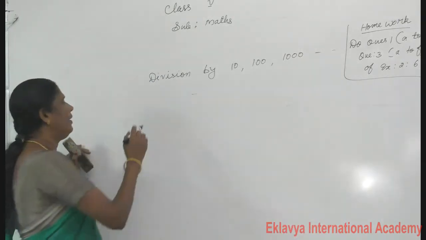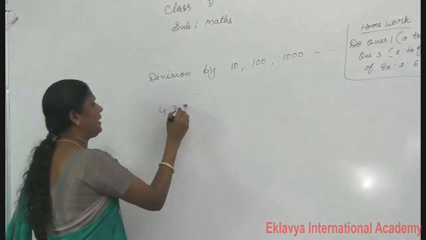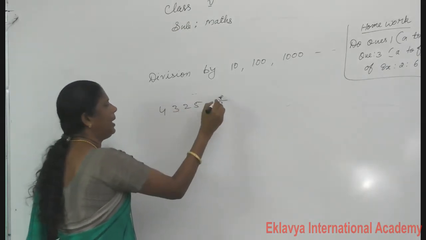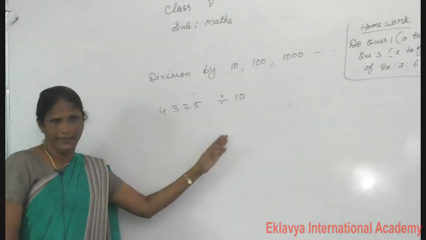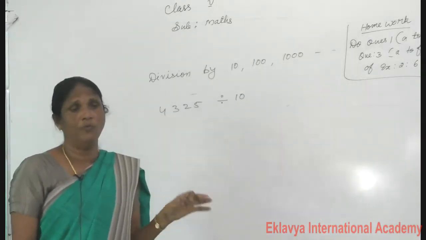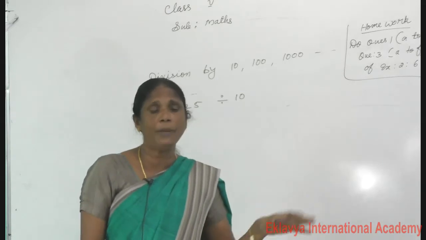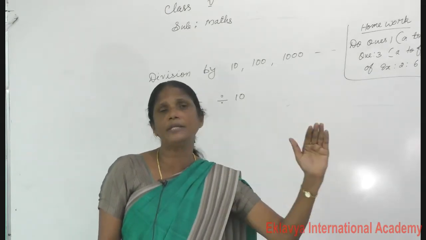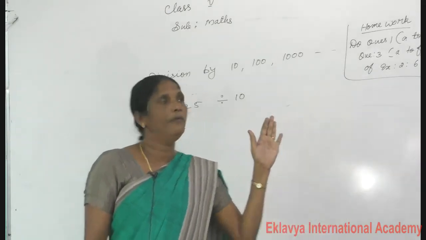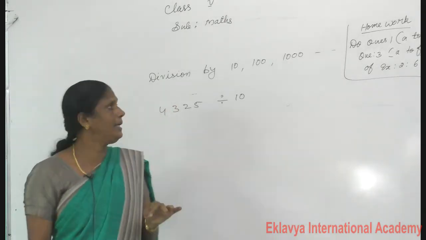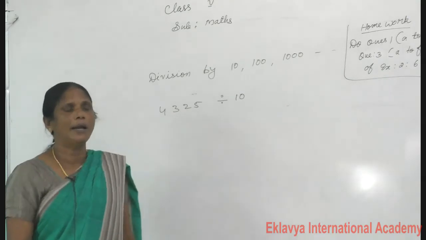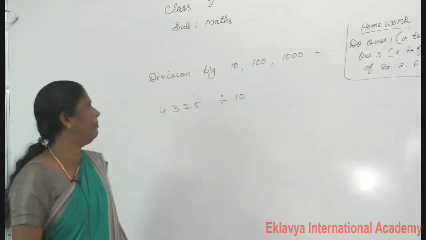First, 4325 divided by 10. When we divide by 10, we remove one digit from the right hand side of the number.